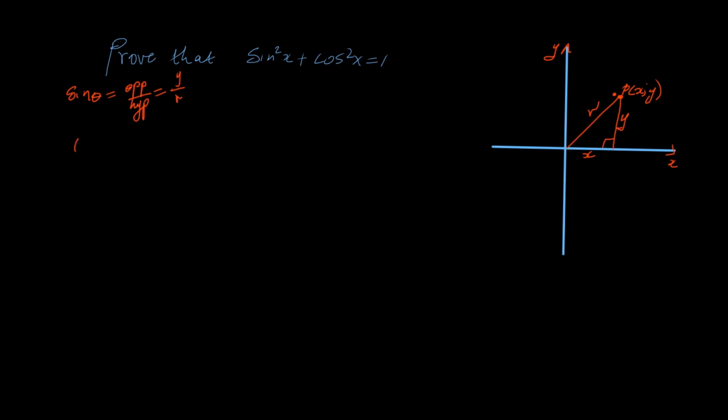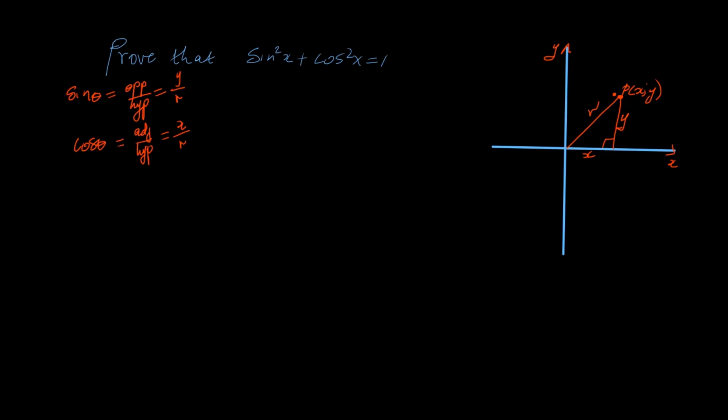Then we also have cos theta, which is equal to adjacent divided by the hypotenuse. In our case, our adjacent is x and our hypotenuse is r.